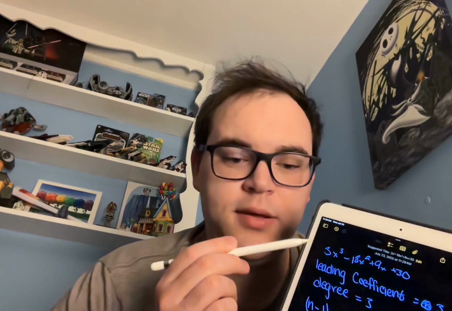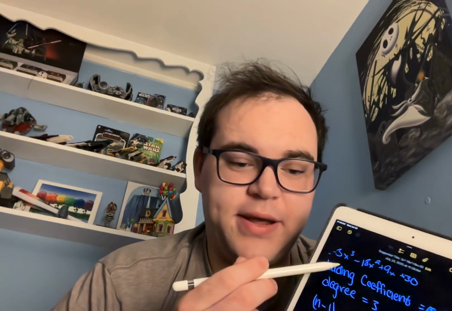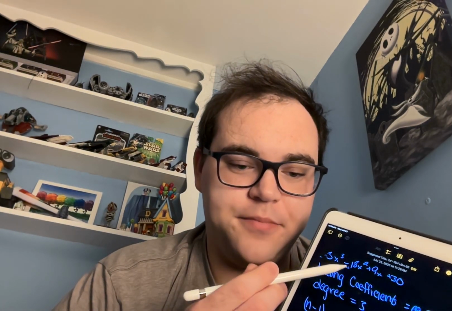And then, yeah, so in this, we've got 1 negative right here. Everything else is positive, so that's your 2. Okay, so there are 2 positive real zeros.